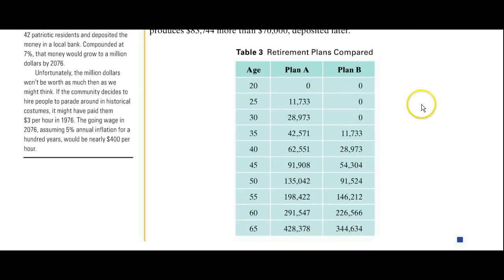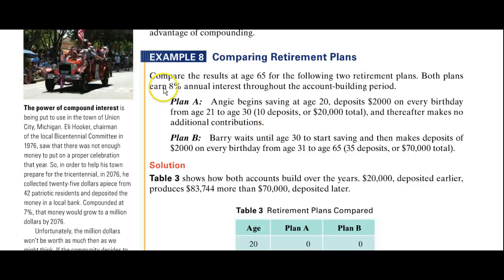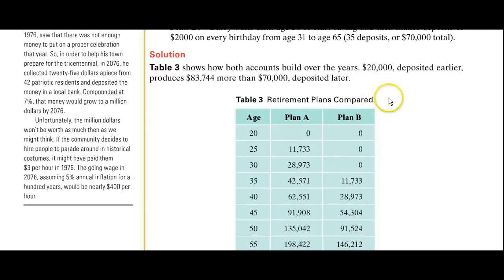The key to all of this, by the way, is that you're getting 8%. Hardly anybody gets 8%. In the old days, earlier times, you could get 8%, but that's almost unheard of now. But anyway, look at what happens.